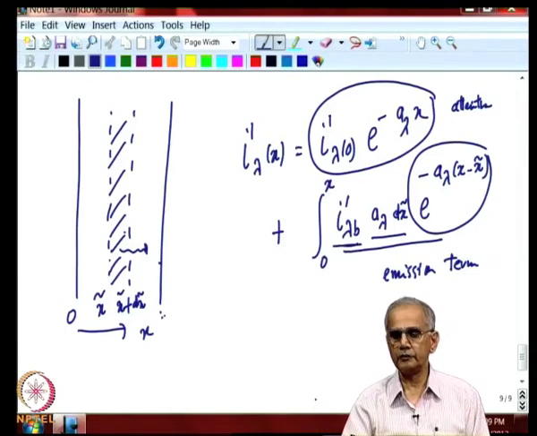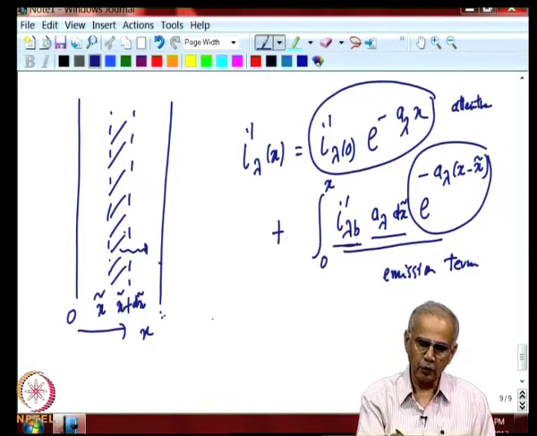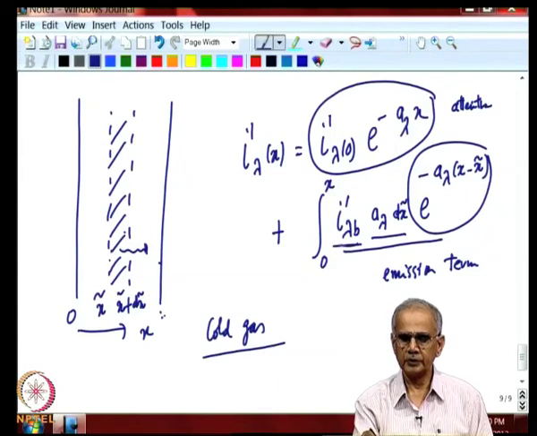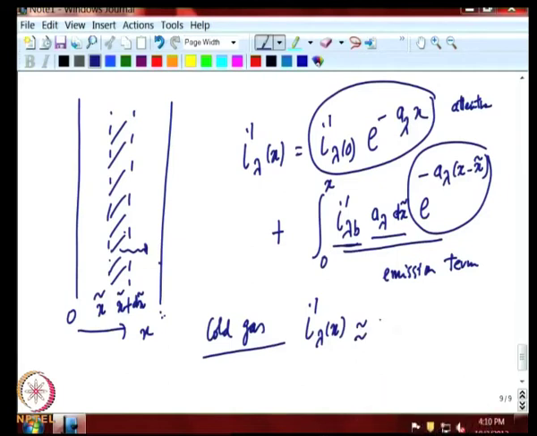So, this is a very important result which we will see many times, and one must clearly recognize the general form of the equation, but there are a few approximations which will help us. Suppose you have a cold gas, gas temperature is very, very low, then this quantity will be very small, emission by the gas. So, we neglect the second term, then we have a very simple approximation for attenuation because emission is small.